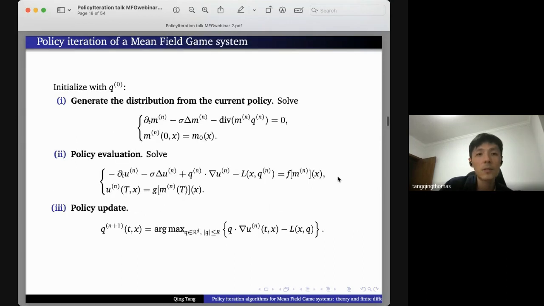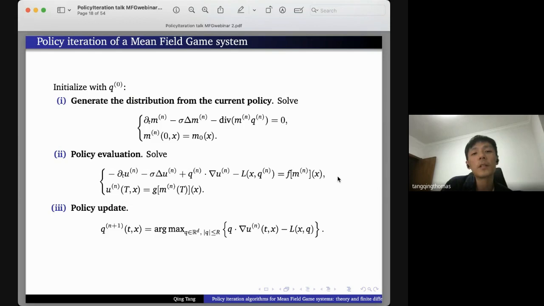Well, the next one is okay. The theory was developed by Simona Cacace, Fabio Camilli, and Alessandro Goffi for mean-field games. Basically, what they are doing is this: they add another step.